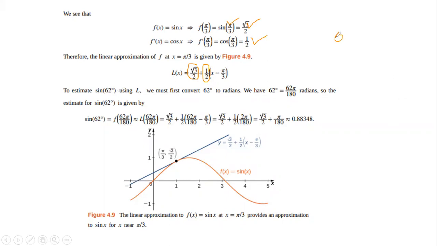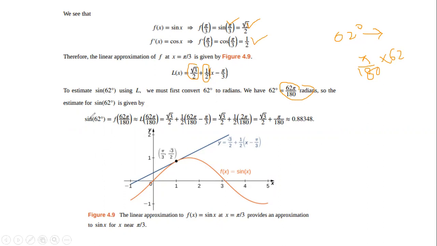So sin 62 degrees. I have to convert this degree into radians. To convert degrees into radians, I multiply by pi upon 180 with 62, so it will be 62 pi divided by 180 radians.